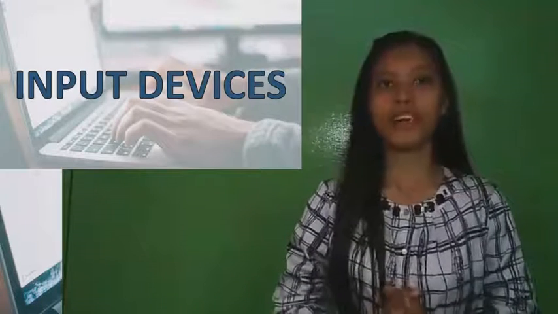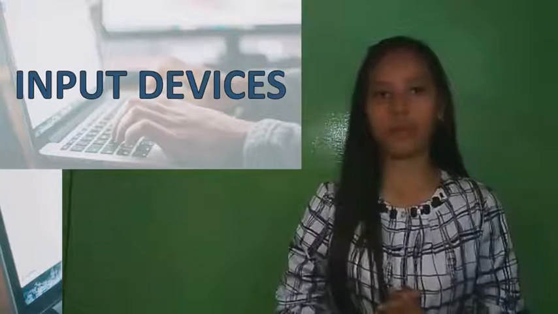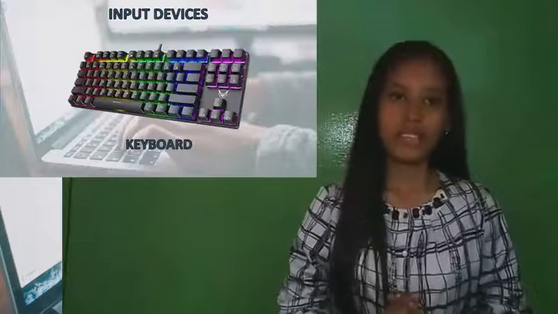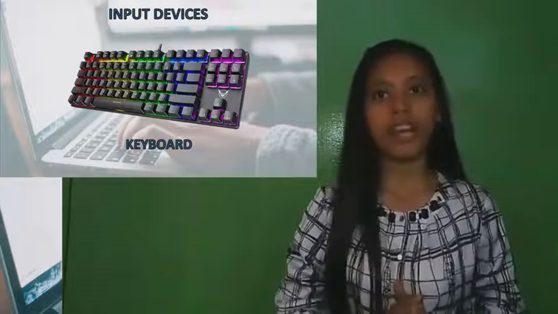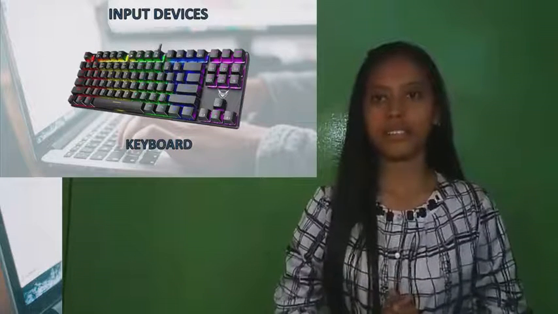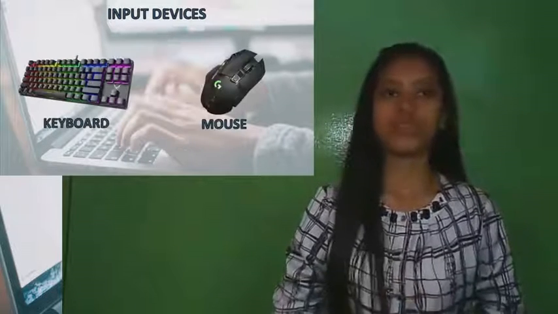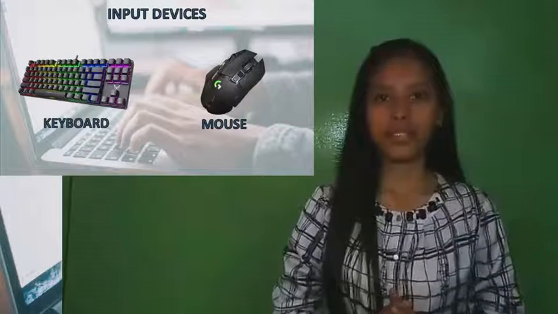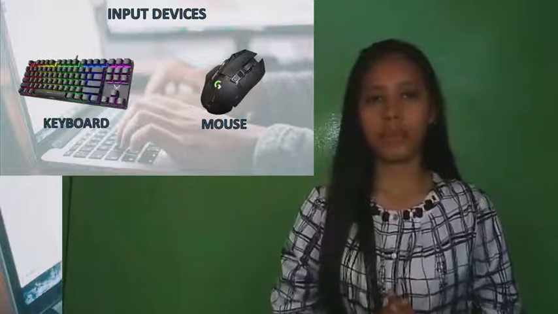Input devices allow the user to communicate with the computer by entering data or commands. First is keyboard. Primary input device used to input alphanumeric data and commands to the computer. Second, mouse. Primary input device used to navigate and interact with the monitor.